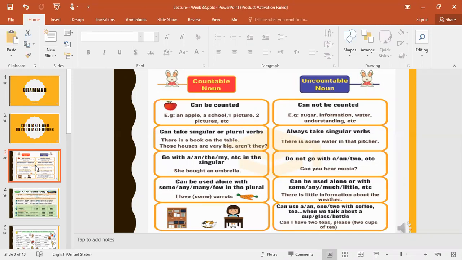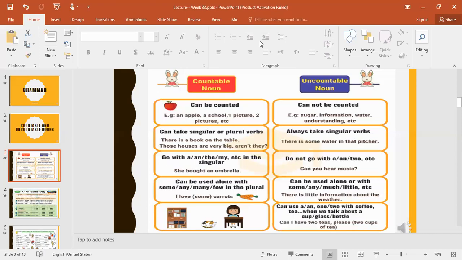We talked about the subject-verb agreement in countable and uncountable nouns. We said that countable nouns take singular or plural verbs, both, while the uncountable nouns only take a singular verb.